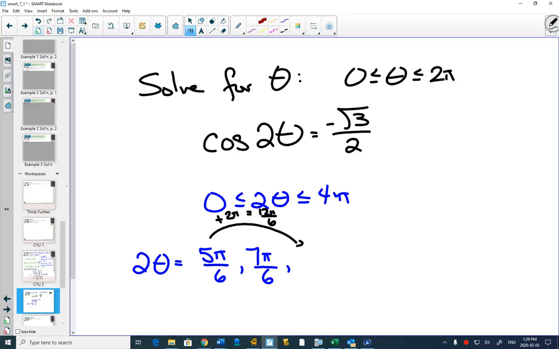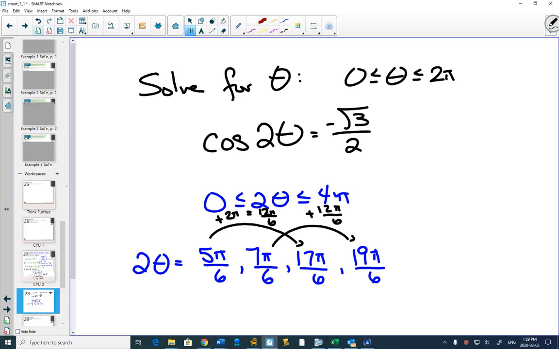So then 5 pi over 6 plus 12 pi over 6 is going to give me 17 pi over 6. And 7 pi over 6 plus 12 pi over 6 is going to give me 19 pi over 6. The limit for 2 theta is 4 pi. The limit for theta is 2 pi. Now I've got my 4 answers.